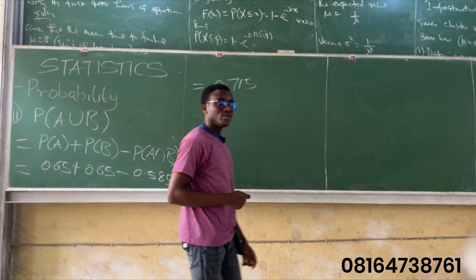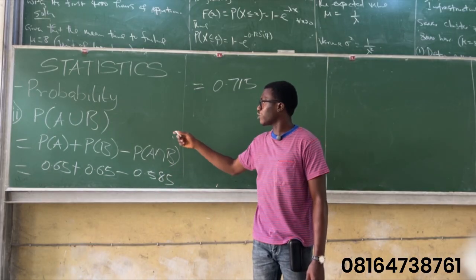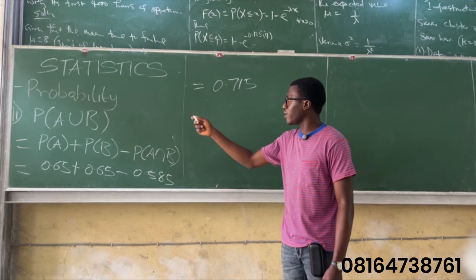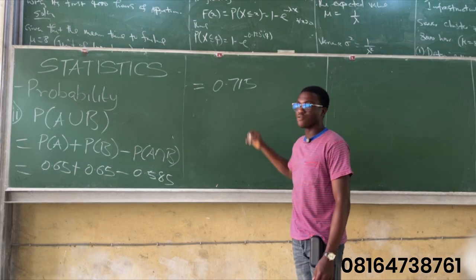So the probability that he makes either the first or the second goal, which is the probability of the union between events A and B, is equal to 0.715.